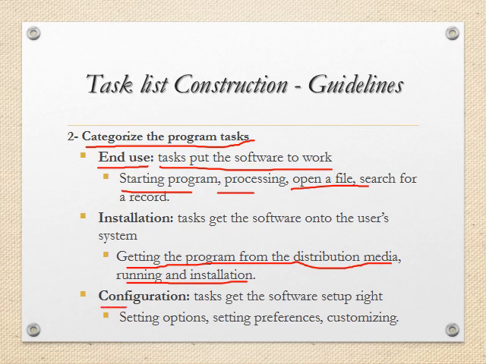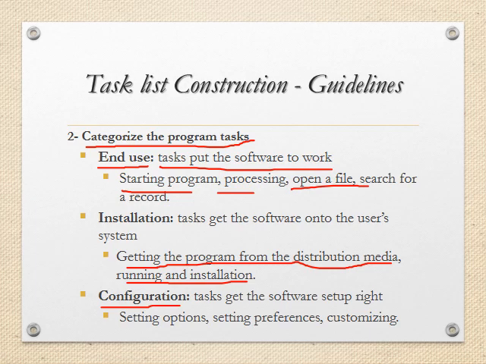Third, the configuration category, which is the tasks that get the software set up right. For example, in order to maintain security and safety in my software, we have to put some kind of configuration.